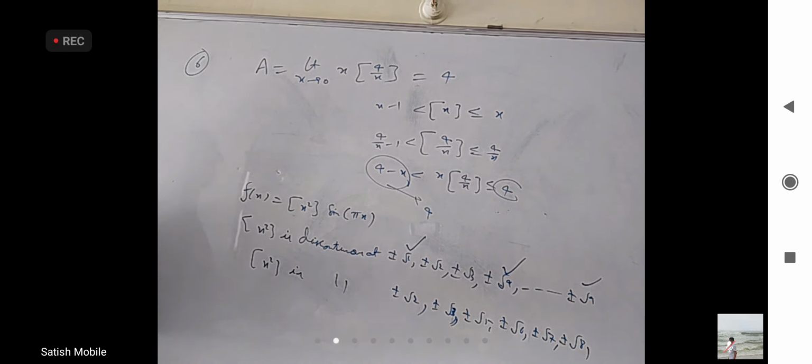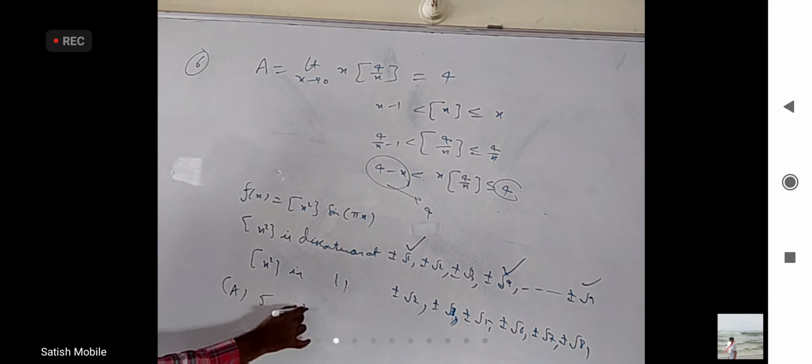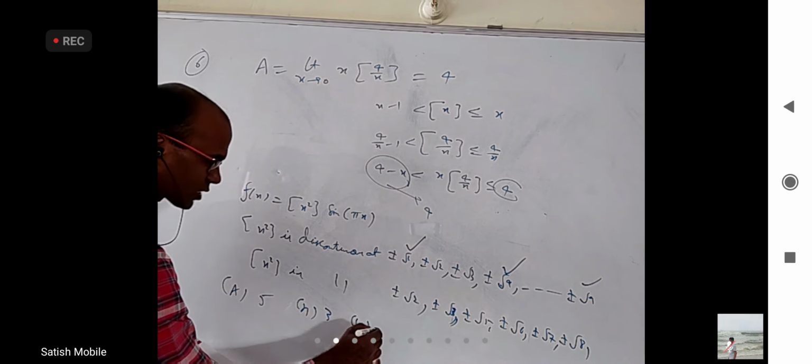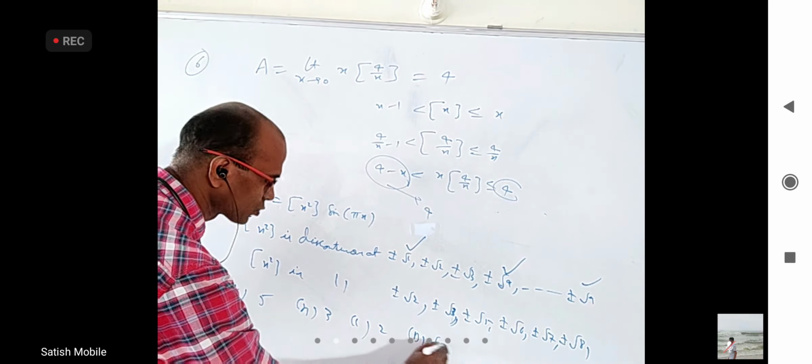Now what are the options? Okay, the different options they gave are root a plus 21. A is 4, root a plus 21 is 5. Root a plus 5 is perfect square. Root 4 is a perfect square. Option D. The different options indirectly are given as option A is root 25, option B is root 9, option C is root 4, option D is root 5.